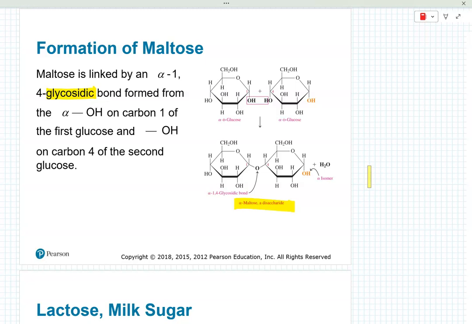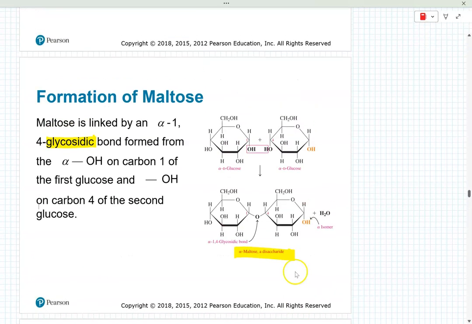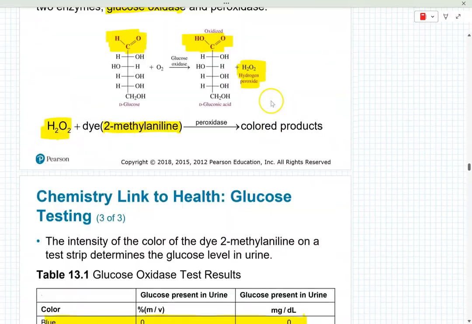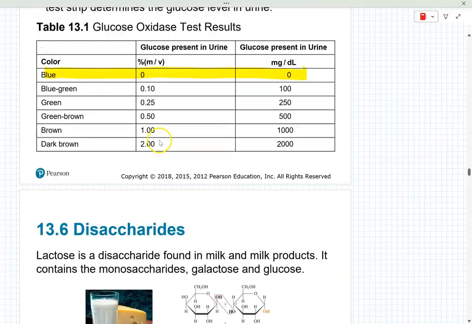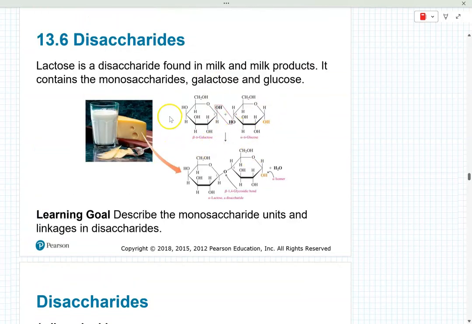The term for any bond between 2 monosaccharides is a glycosidic bond. Second, what you see here does not look like the line formula that we saw before. See, this formula looks very different from this formula.